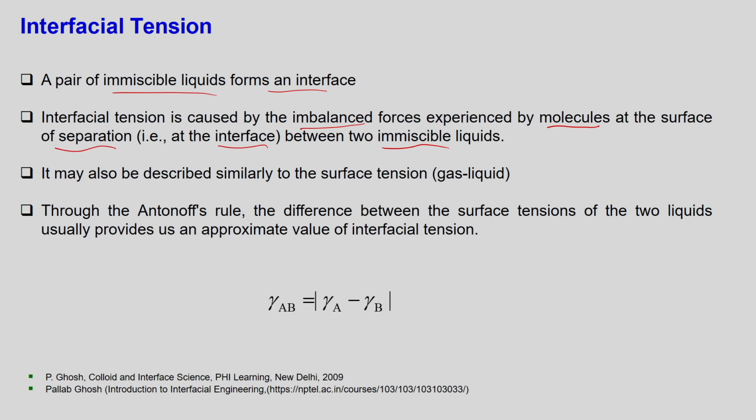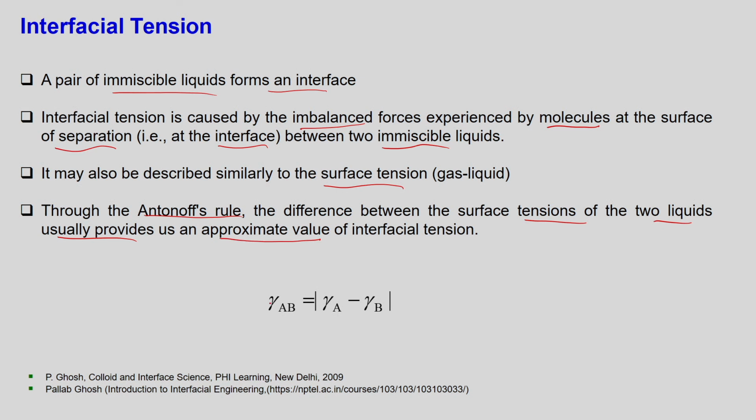The concepts are similar to surface tension. There is Antonov's rule. What it says is that the actual interfacial tension lies within the difference between the surface tensions of two liquids, so it gives an approximate value.